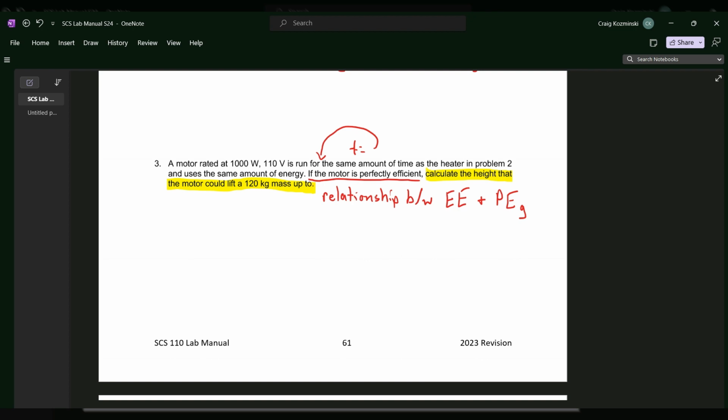If the motor is perfectly efficient, calculate the height that the motor could lift a 120 kilogram mass up to. And so, what question 3 is actually asking you to do is to equate your electrical energy, which is equal to volts times current times time, to your potential energy, which is equal to mass times gravity times height. And in this problem, you'll be solving for height.